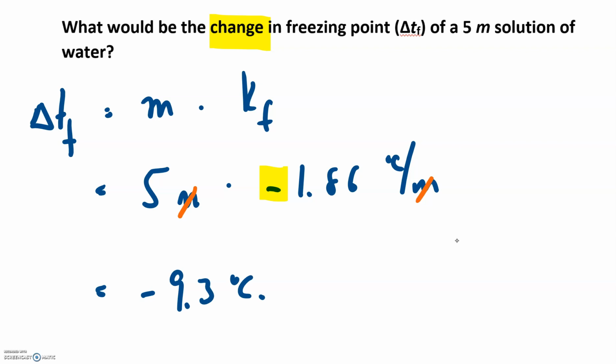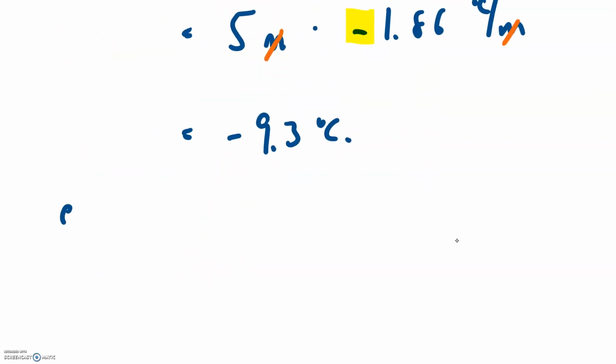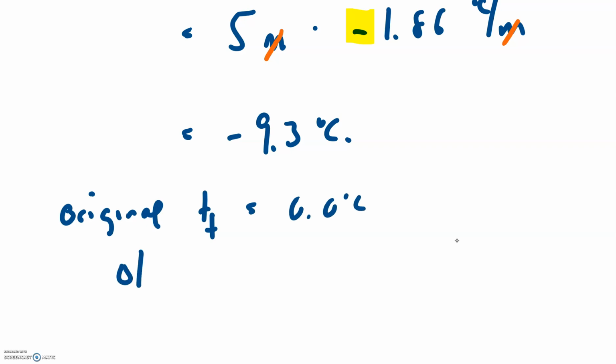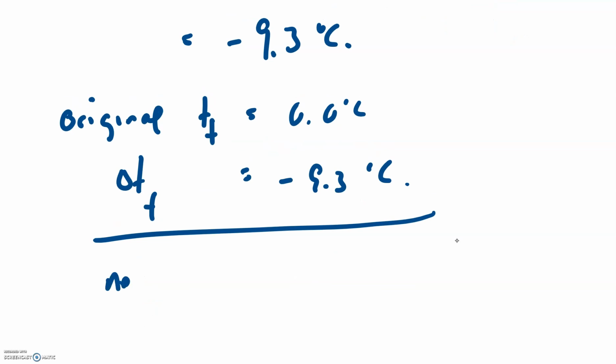Now this is only asking for the change, but if it was asking for the new freezing point, if we knew that the original freezing point for water, original TF, was 0 degrees, and we know that our change in TF is negative 9.3, we would simply add our negative, and so our new TF is negative 9.3 degrees Celsius. All right, that's all we're doing, so take it for a spin.